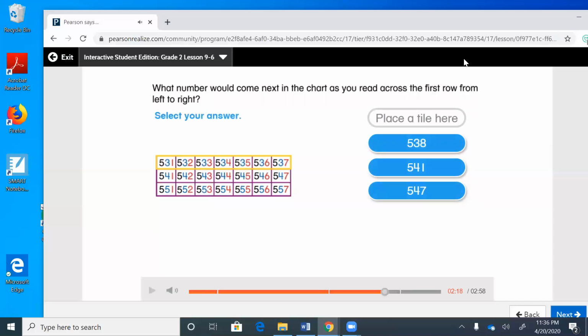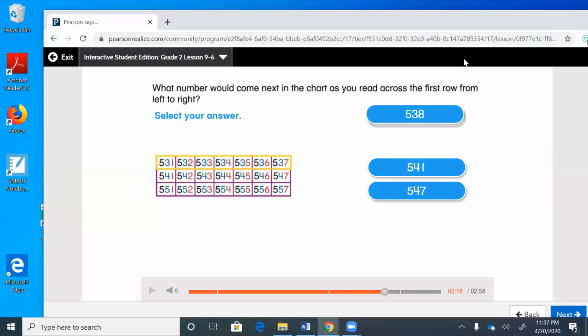All right. They want us to go from left to right, and they're asking us what we would get. Okay. So here we go. 537. Well, what comes after 7? 8.